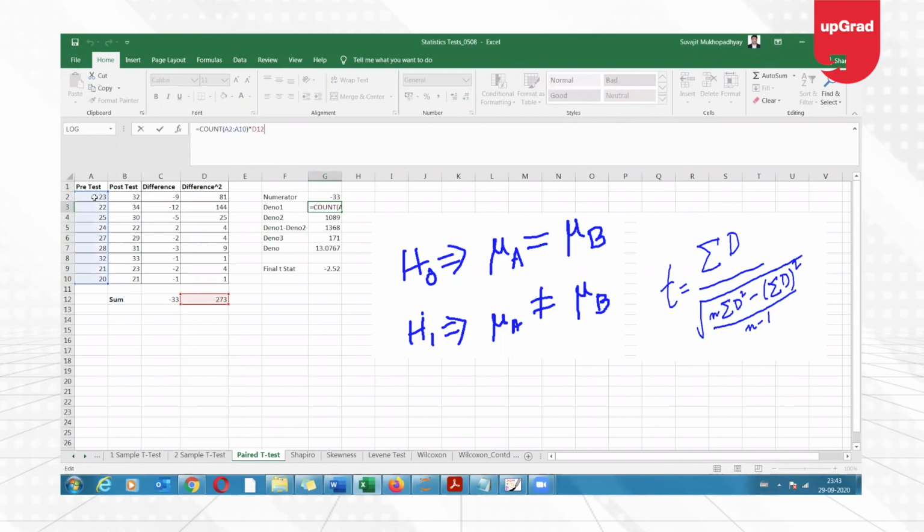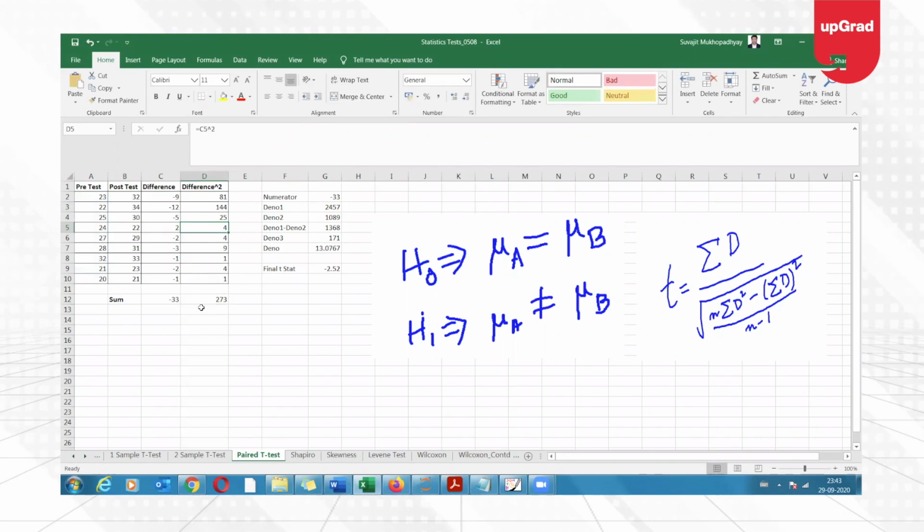It is nothing but n, which is the count, multiplied by the summation of d square, which we have got from here, the difference square, minus the square of the summation of d, which is this part.